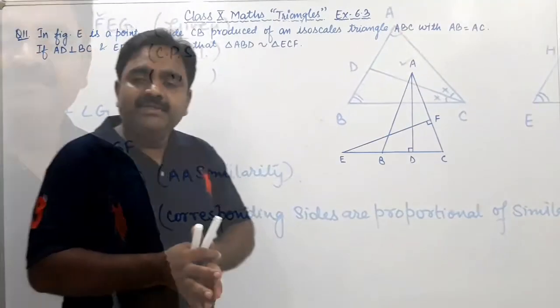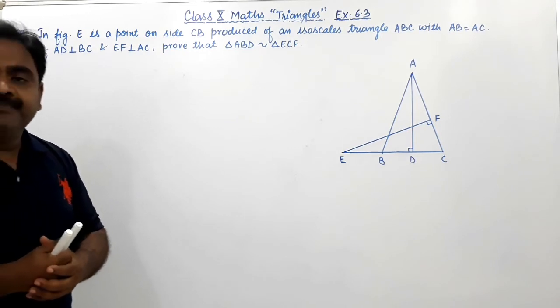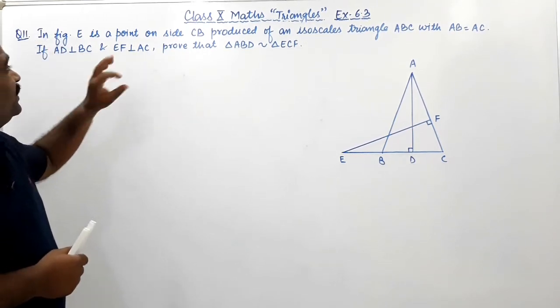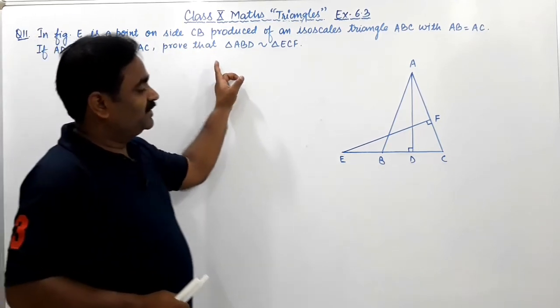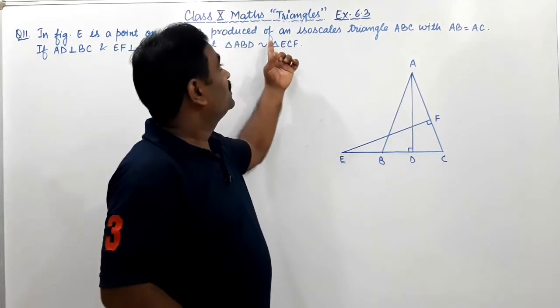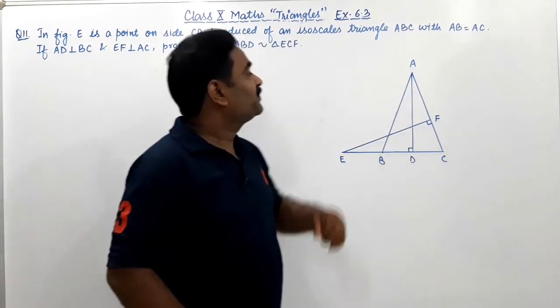Very nice. Okay friends, so let's see the question number 11 of this exercise. In this it is given in the figure E is a point on the side CB produced of an isosceles triangle ABC in which AB is equal to AC.